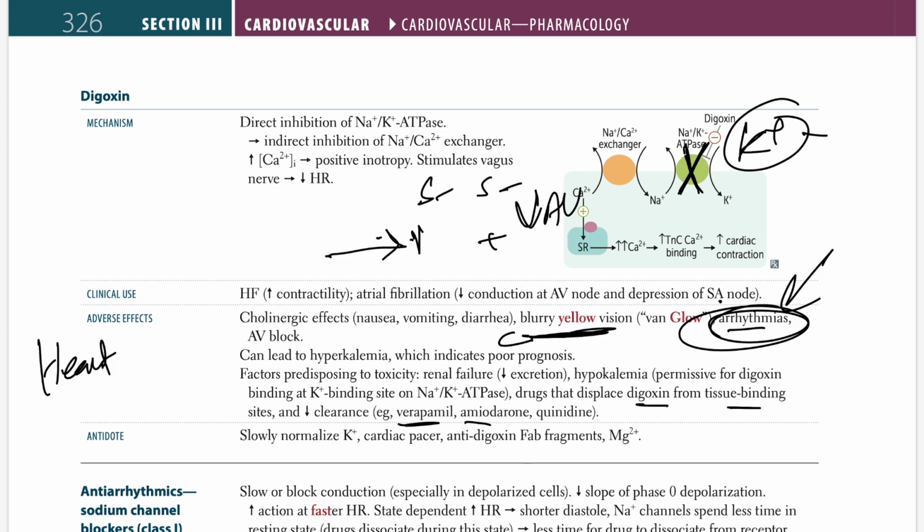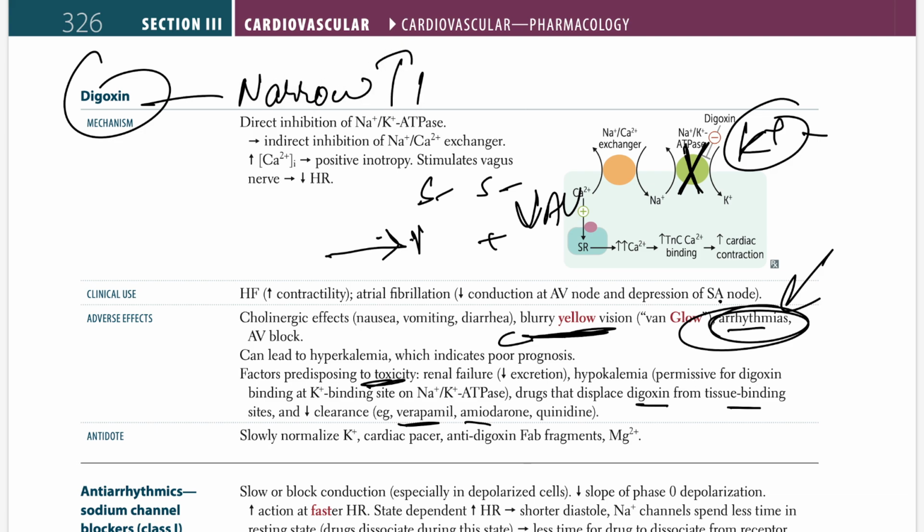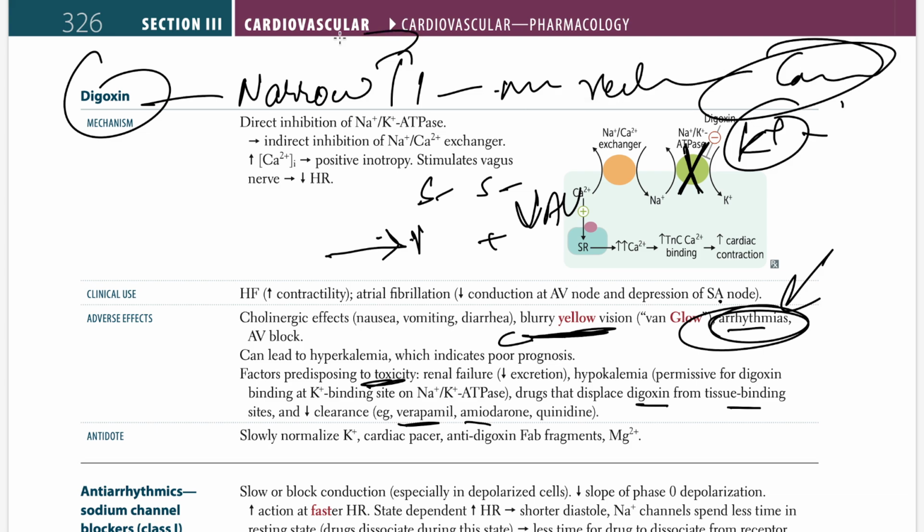These adverse effects most commonly come when you have toxicity of this drug. One more thing on top of this: digoxin has a narrow therapeutic index, very high yield, making toxicity relatively very common. What is therapeutic index?